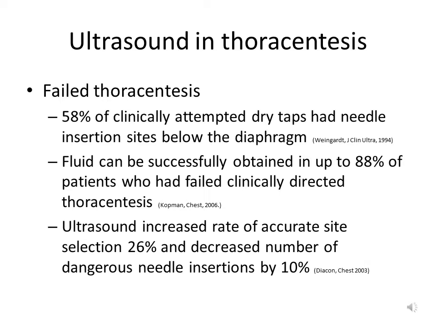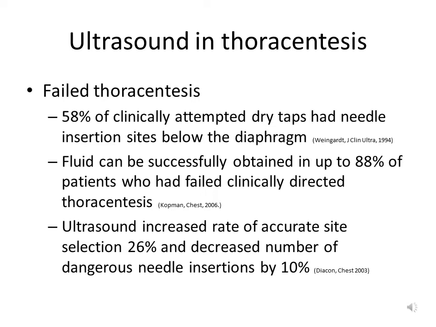Also, if we looked at failed thoracentesis, so those thoracentesis where they tried to do a clinically oriented thoracentesis and failed to get fluid, there was a paper in 1994 that showed 58% of clinically attempted dry taps had needle insertion sites below the diaphragm. There was a paper in 2006 that showed that patients who had clinically directed thoracentesis, subsequently when ultrasound was used, up to 88% of those patients were able to have fluid obtained.